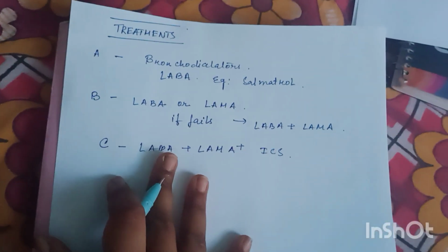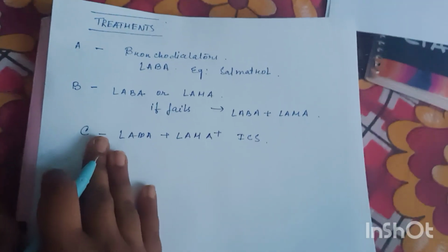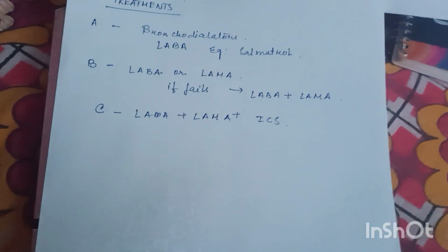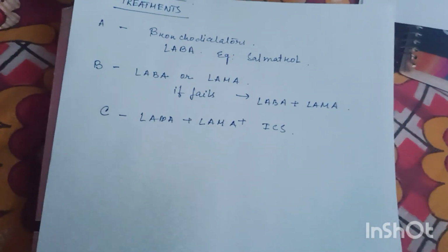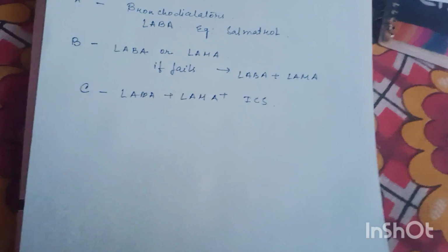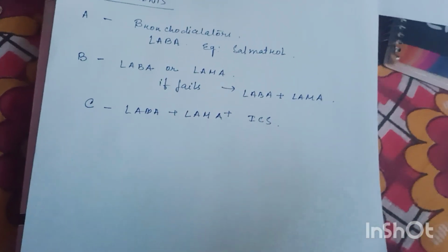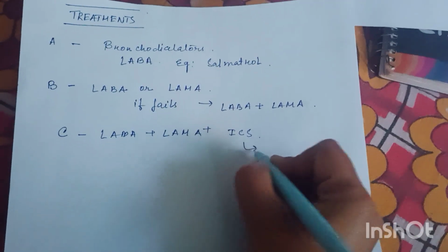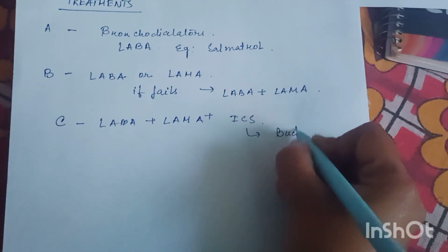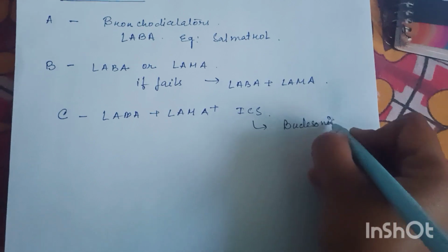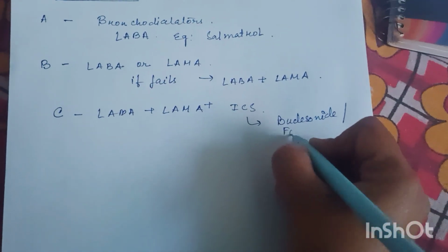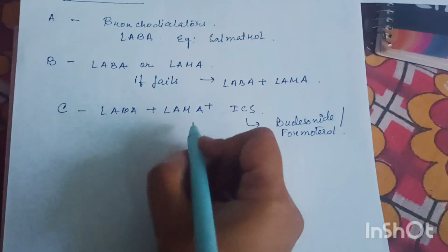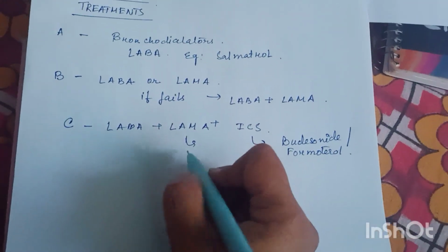In C we have high risk and low symptoms, so we give LABA, long-acting beta-2 agonist, plus LAMA, long-acting muscarinic antagonist, plus ICS, inhaled corticosteroids. An example of ICS is budesonide or formoterol. An example of LAMA is tiotropium.